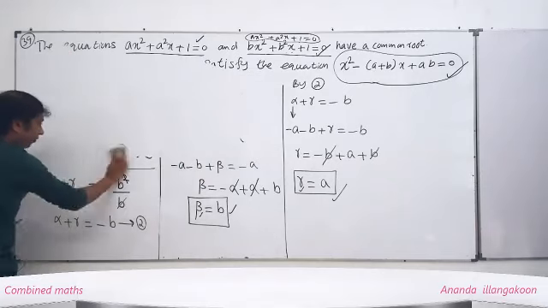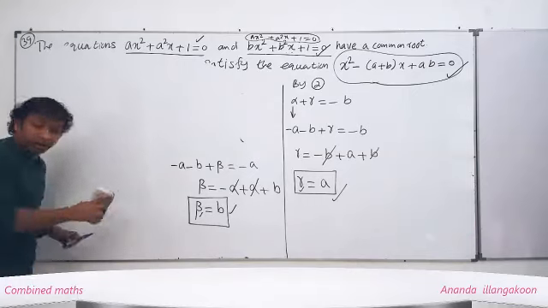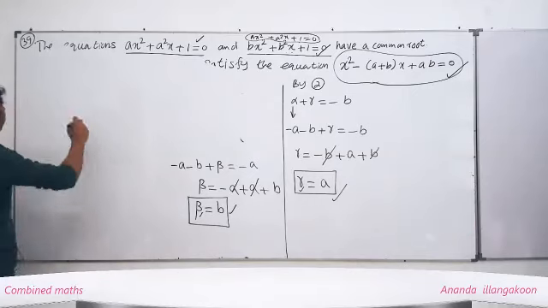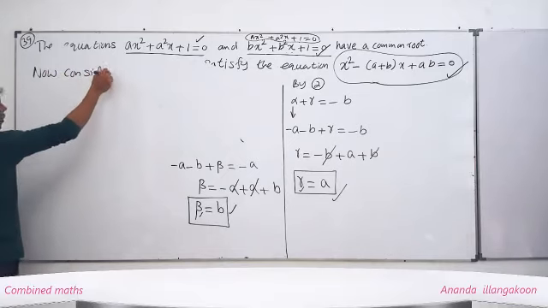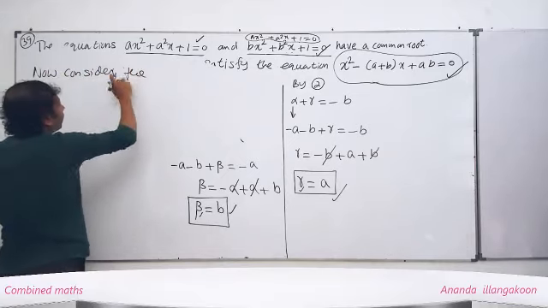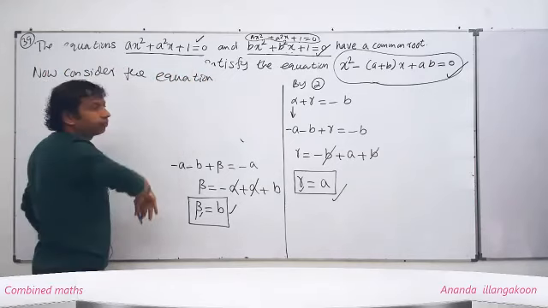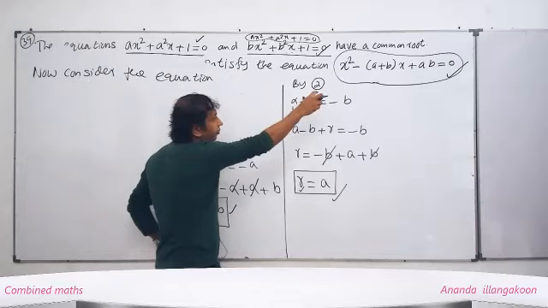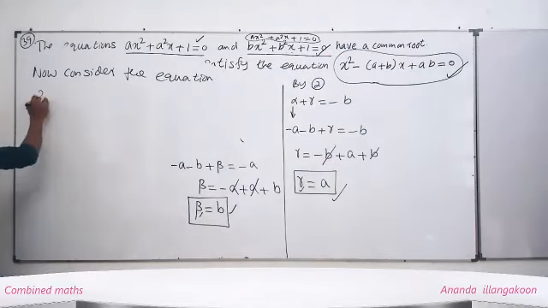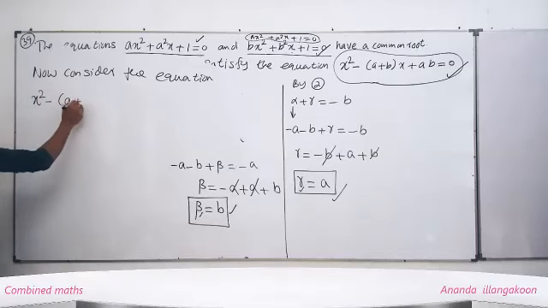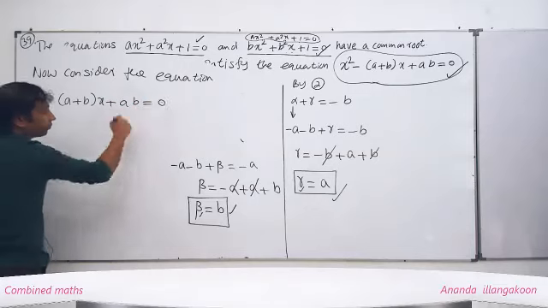Right. We'll take that way. Now consider the equation x squared minus (a plus b) times x plus ab equals 0.